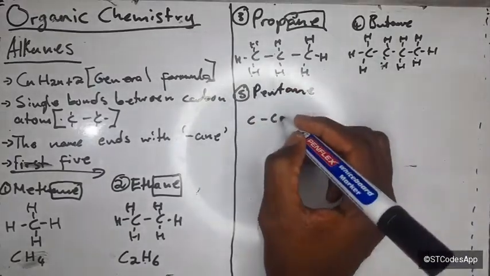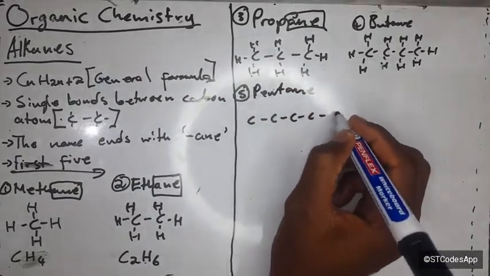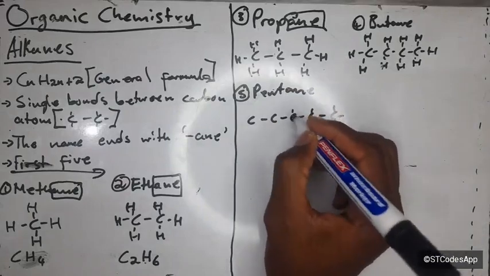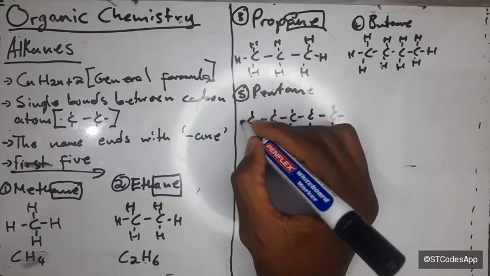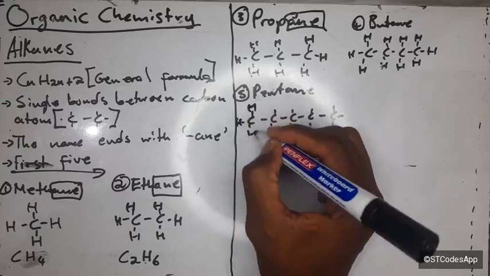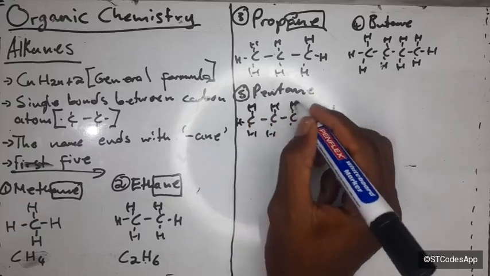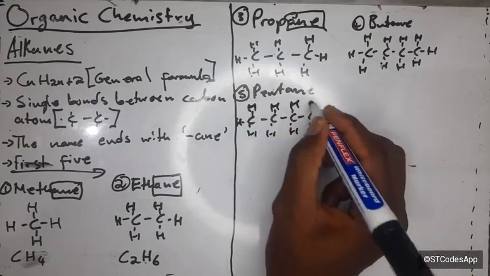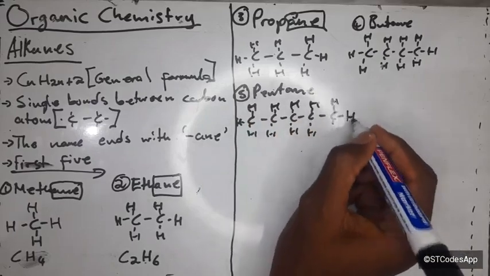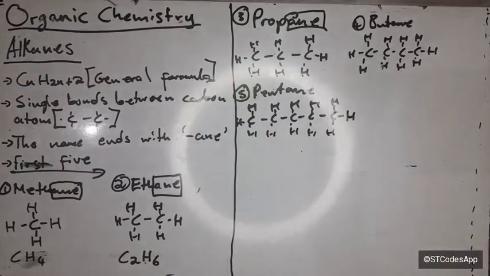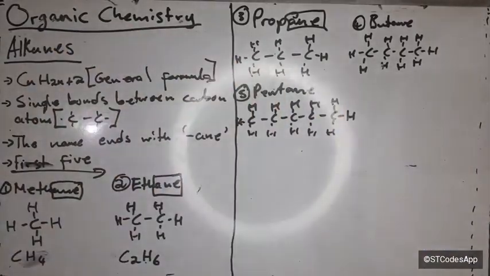I keep making mistakes. Which looks like this. So these are the first 5 alkanes you need to know.